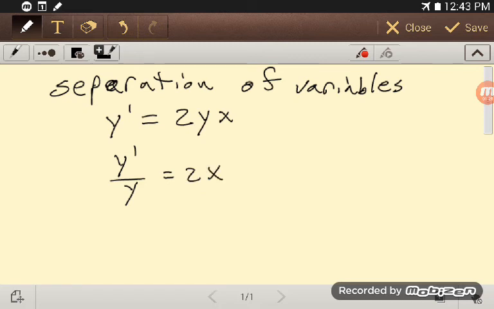And this satisfies what we need, because we have 1 over y times y prime, and on the other side we just have a function of x, 2x. So we have done what we want to do, and we separate this thing.